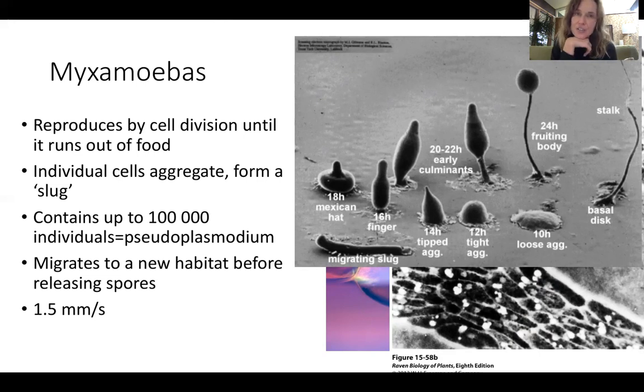Remember, there's 100,000 individuals in the slug, and they differentiate. Within 24 hours, they all produce a fruiting body. It's like the circus. They all get together and make this, like at the circus, they build these pyramids with some people on the top, some people on the bottom. That's what they're doing here, except the people on the top become spores.